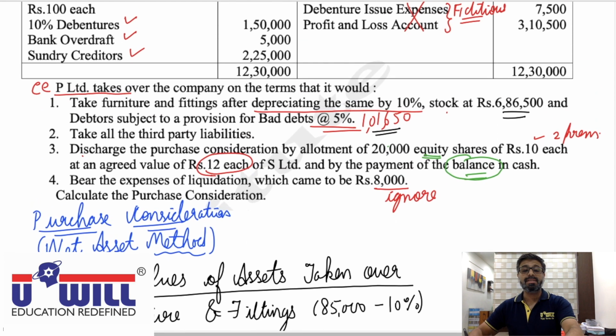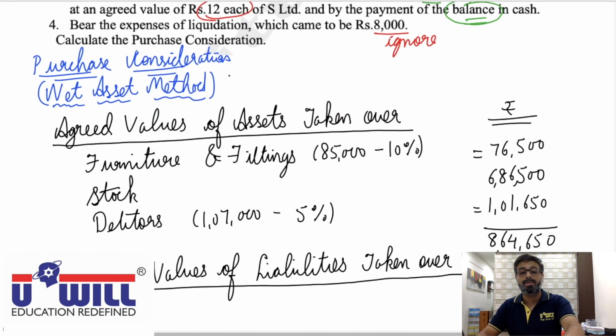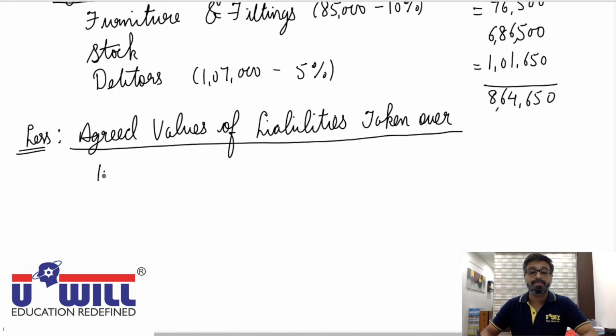Now in liabilities, it is given in an adjustment to take all third party liabilities, and agreed values are not given, so we'll take book values only. So 10% debentures 1,50,000. In absence of agreed values, we take book values, 1,50,000.